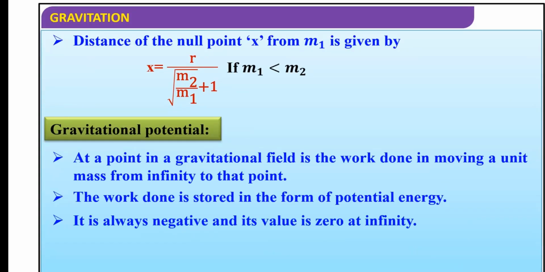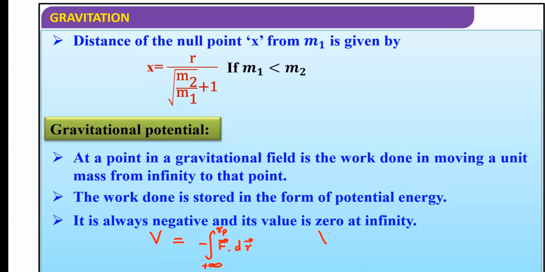Okay, the next thing is related to gravitational potential. Remember that the gravitational potential, we have defined it the same way we do electric potential. So gravitational potential at any point is defined as amount of work done to bring a unit mass from infinity to a given point against the gravitational field.